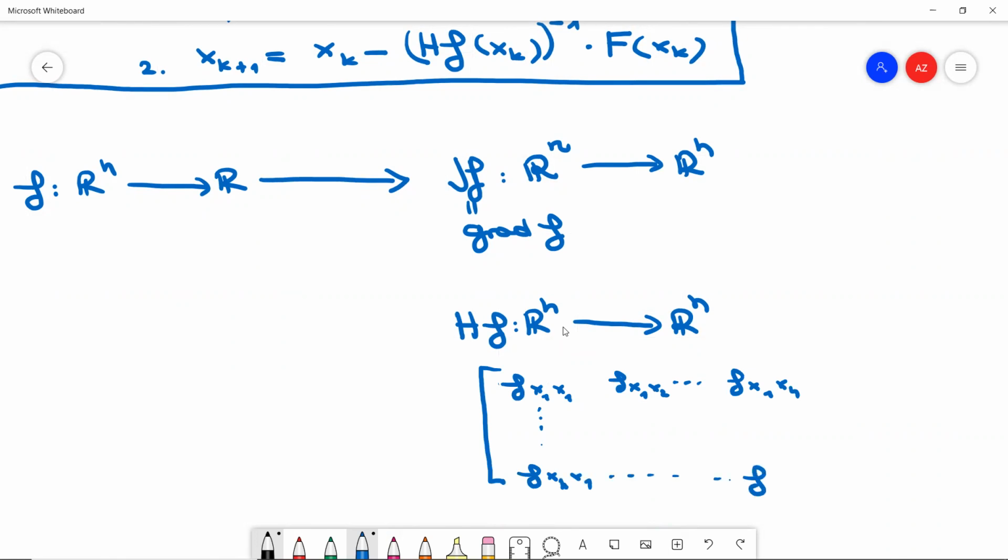It's usually symmetric. But the gradient is just a function where you have f of x1 up to f of xn. So that is the difference. Here it's n.